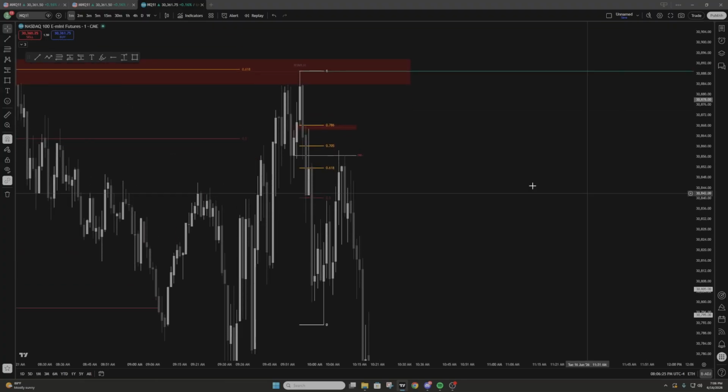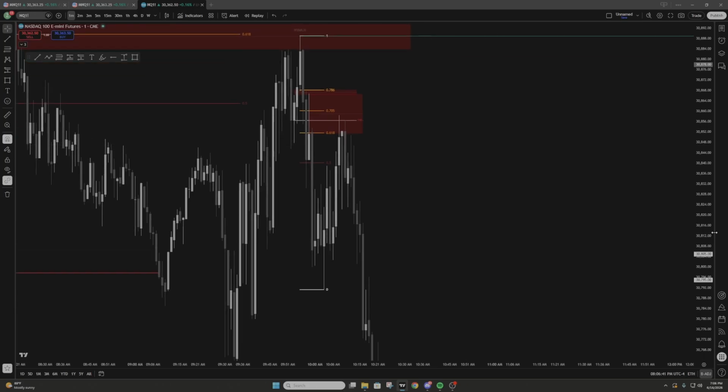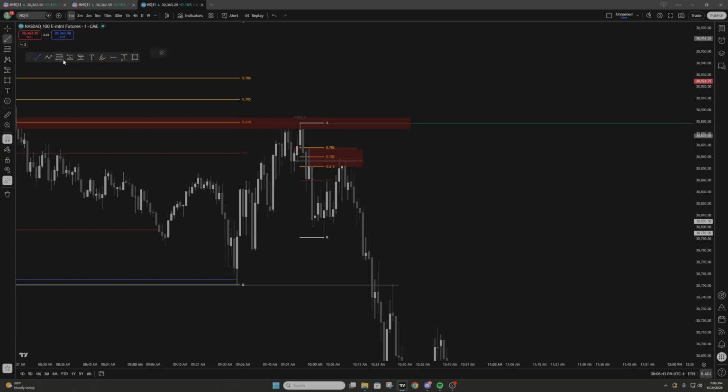Once we inverse this gap, we could use it as a rejection point or another PD array, and it's called a BPR. So we get a solid rejection on the BPR range, and we could use that as a rejection block too. So we have a rejection there, could use that as a PD array, and now we would look for a CISD or a fair value gap to inverse from this continuation leg.